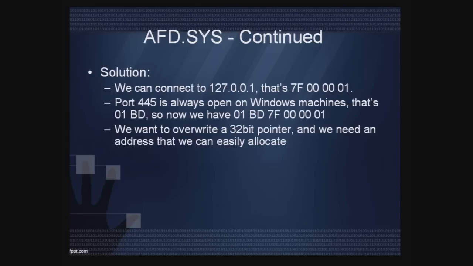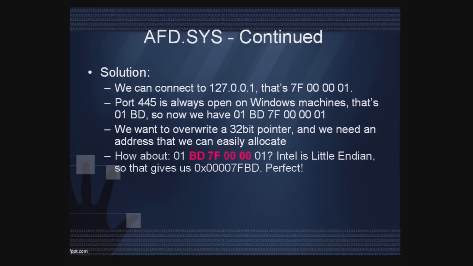That gives us something like that. We want to get a 32-bit pointer that we can overwrite to an address that we can actually control. So we've got BD7F with little endian. That gives us 7FBD. That's user mode, perfect. We can put our code in there.